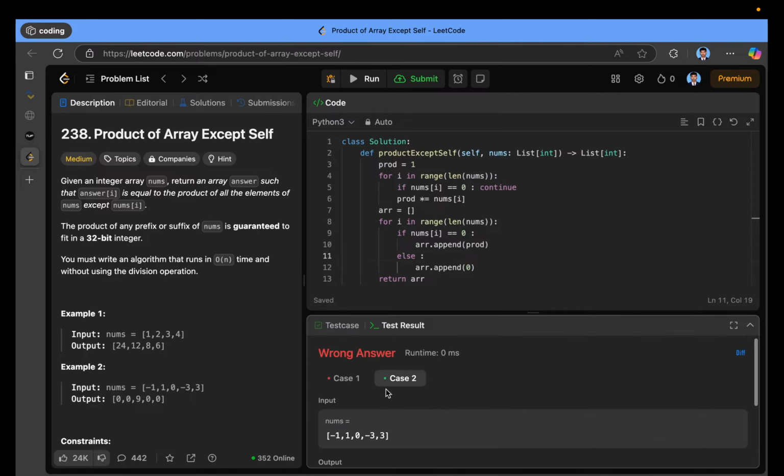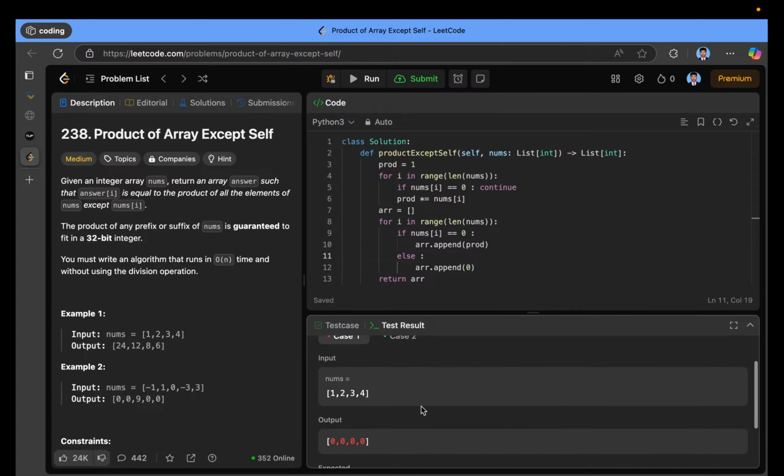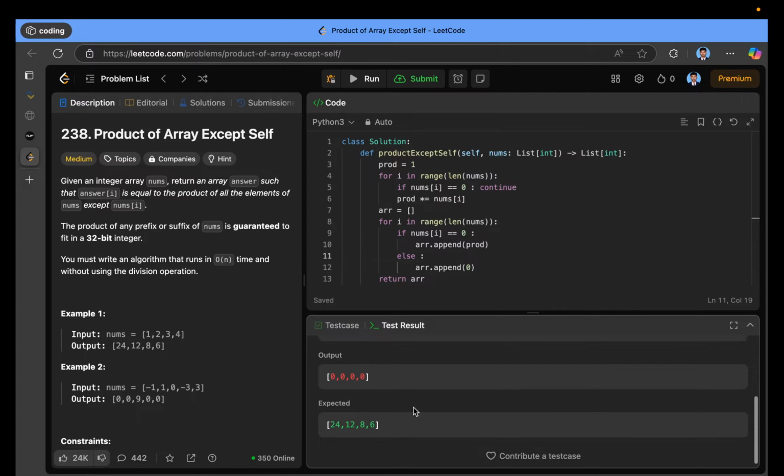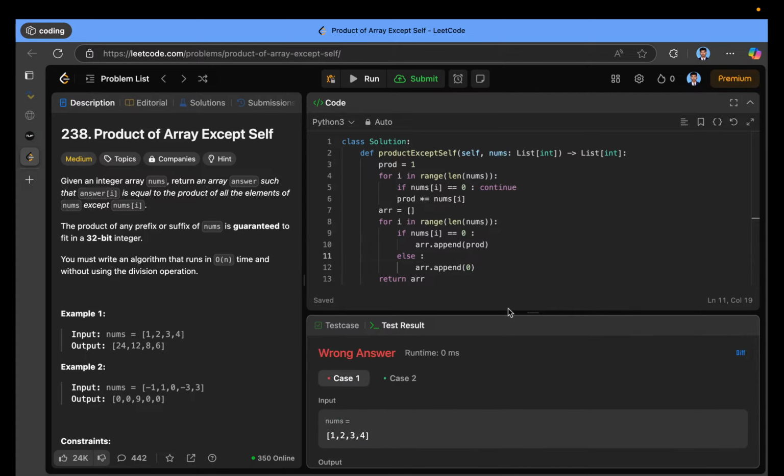But I got totally different. My test case 1 gone wrong. Wow. Why? I find the product. If num double is equal to 0 and 0 is not here, so this statement doesn't work here. And then I made a list. If num double is equal to 0. Ow, bro.